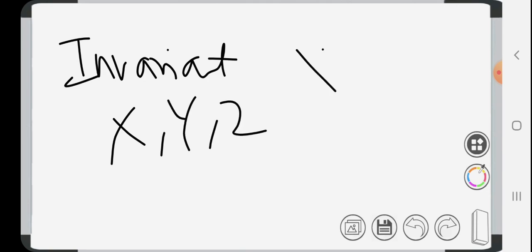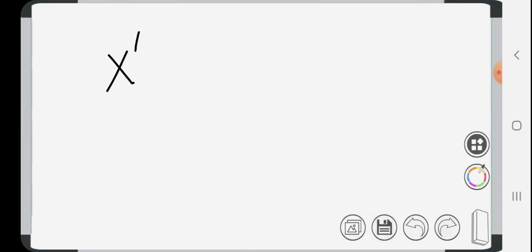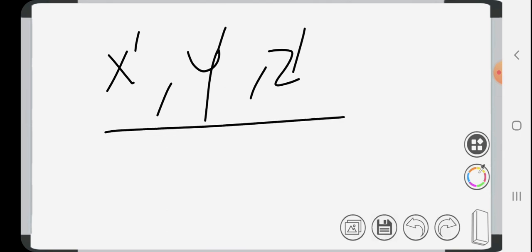But if I take another coordinate system x dash, y dash, z dash and calculate the principal stress for the same point, I will get sigma x dash, tau x dash y dash, and all the other terms based on the new frame.